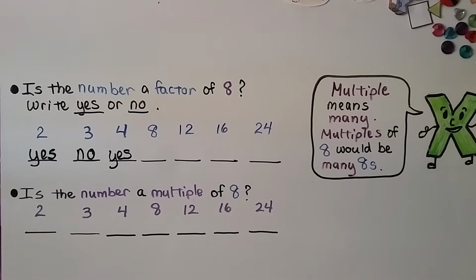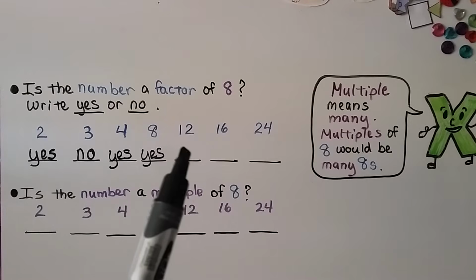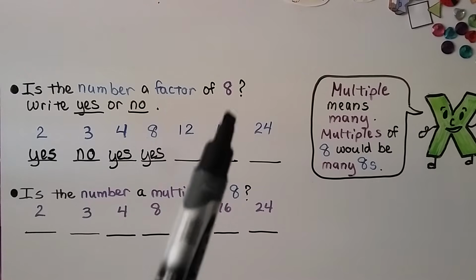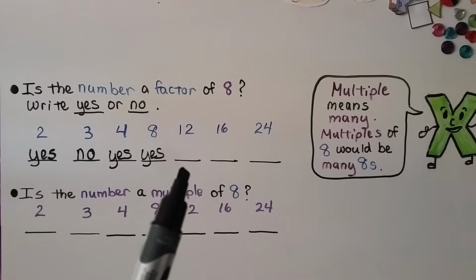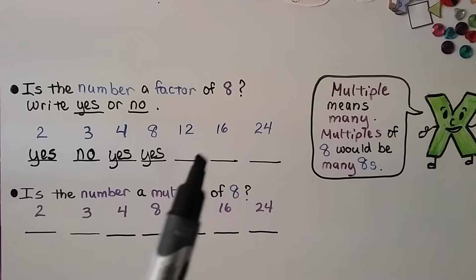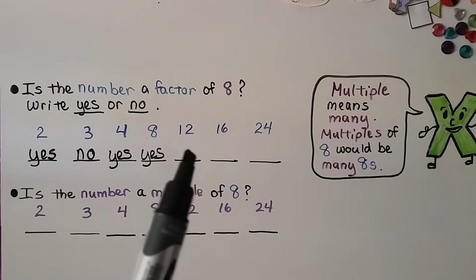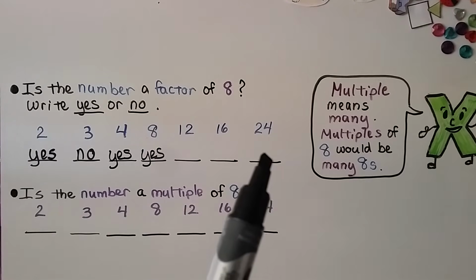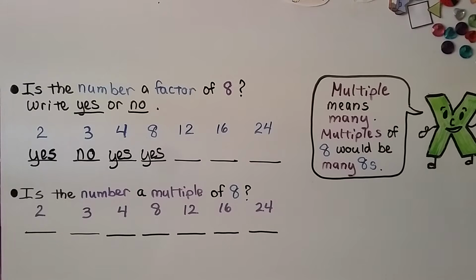Yes, we can do 1 times 8. 1 times 8 equals 8. 8 is a factor of 8. Can we multiply a counting number times 12 to equal 8? That's not in the 12 times facts, is it? So these are large and this would be a no, this would be a no, and this would be a no, because now we're greater than 8.